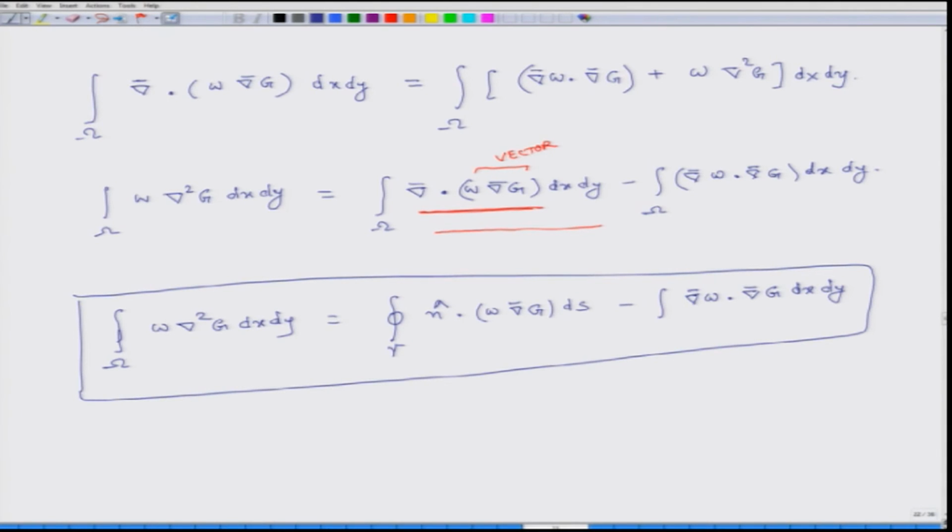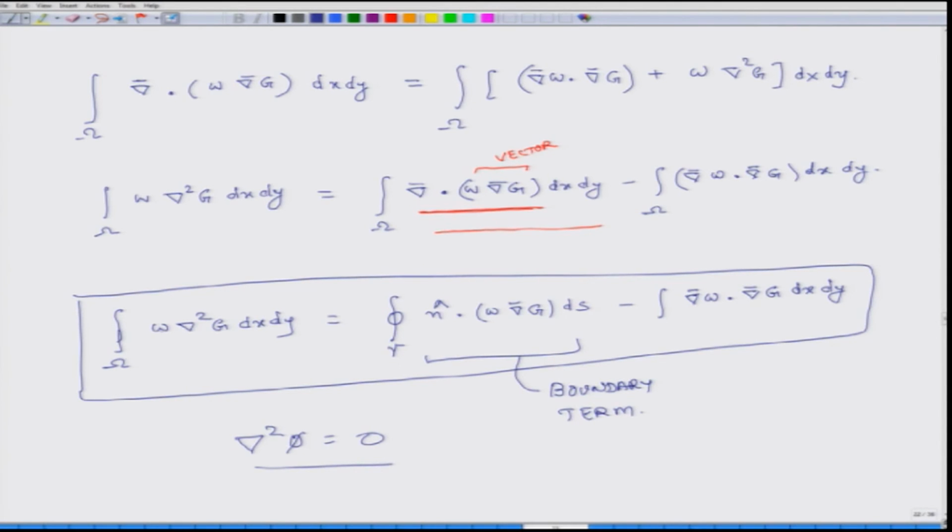Here also this is the boundary term. Several times you may have seen a differential equation like grad square phi equals some constant or 0. Some physical phenomena are defined like this in heat transport equations, diffusion equations, and several other equations.